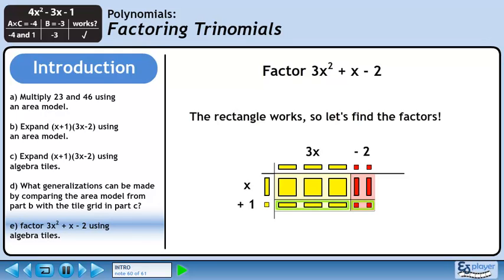Now place a small yellow square in the left column to get back the yellow rectangles and the small red squares. We can now answer the question. 3x squared plus x minus 2 has factors of x plus 1 and 3x minus 2.